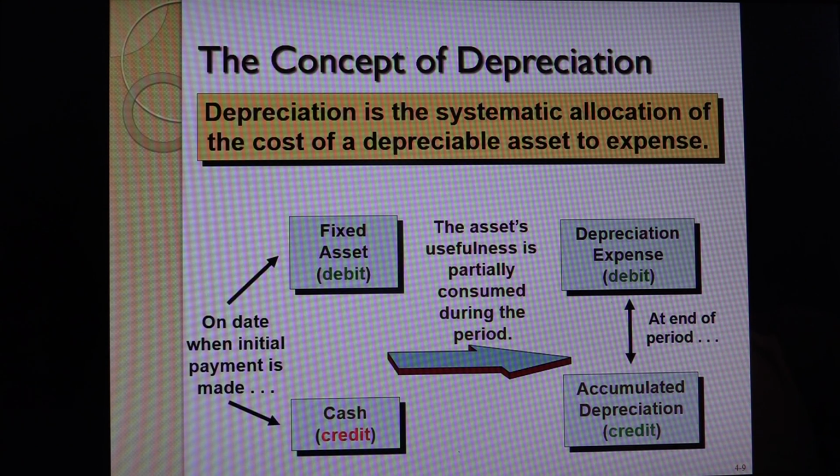Depreciation is the systematic allocation of the cost of a depreciable asset to expense. Well, what type of assets would those be? Well, property, plant, and equipment, things like that. So let's say you buy a piece of equipment.